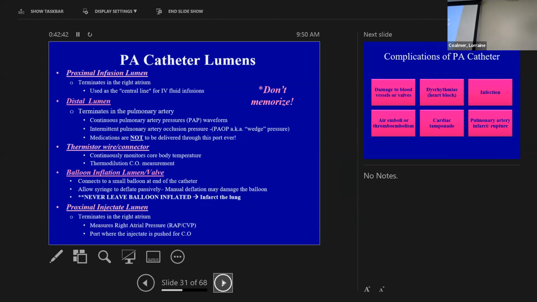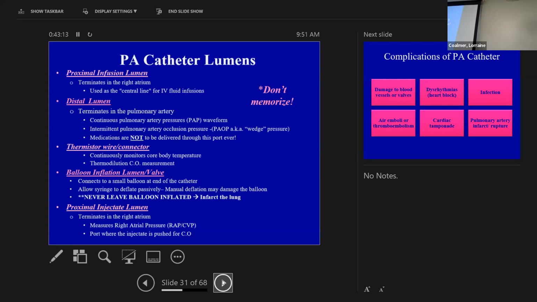It depends on the size of the patient. I'll show you that. I don't want you to memorize this slide, absolutely not. If you are lucky to have a Swan, the ports are all labeled: PA distal, proximal injectate. What did I say blue was? CVP. So your brain says, oh, I see a blue port, I'm probably going to get a CVP from here.